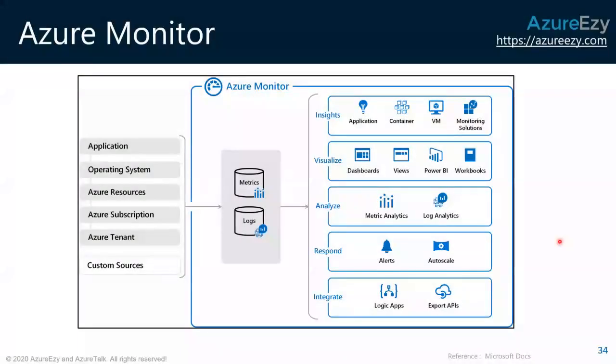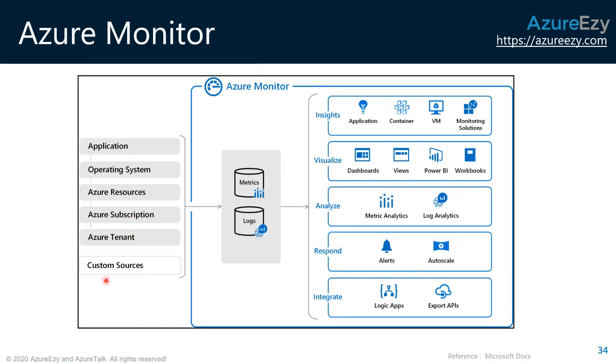Now, the previous two, three slides that we have discussed, this is a compilation of all those things. If you see this particular slide, this is Azure Monitor, which can collect data from these sources: your application, operating system, Azure resource, subscription, tenant, and custom sources.